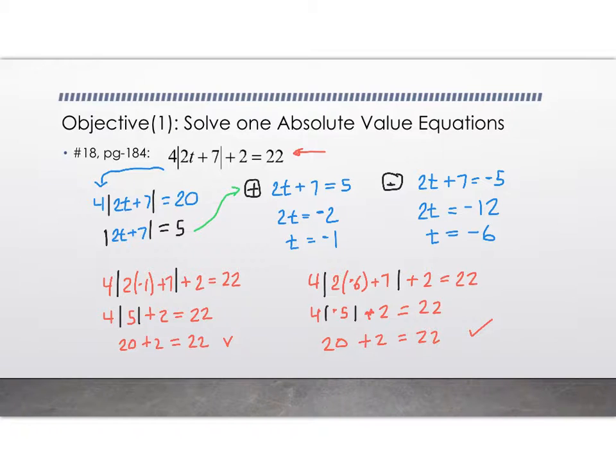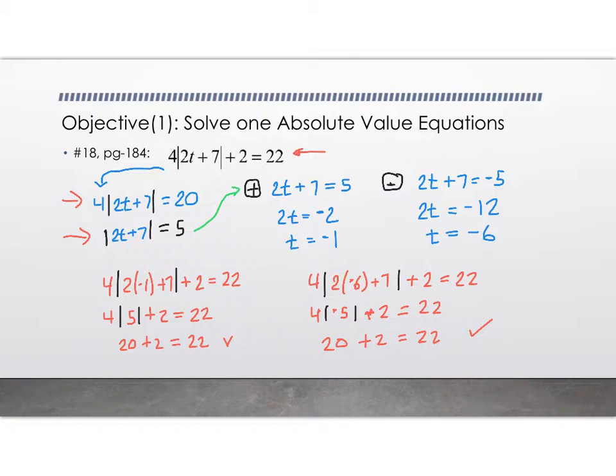So we subtract 2 from both sides, and this gives us 4 times the absolute value of 2t plus 7 is equal to 20. Then we divide both sides of the equation by 4, and that gives us the absolute value of 2t plus 7 is equal to 5.